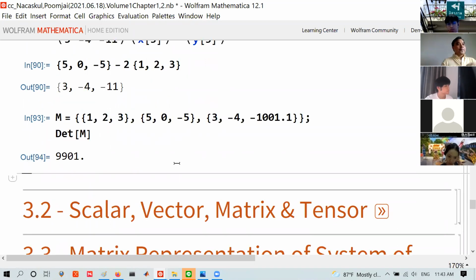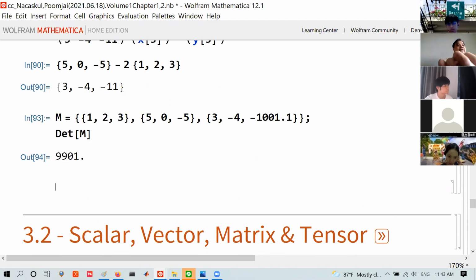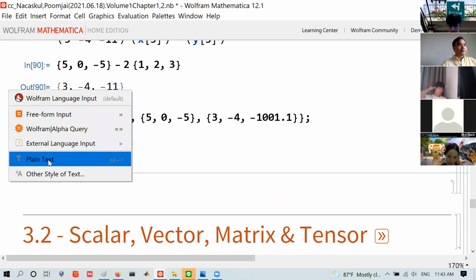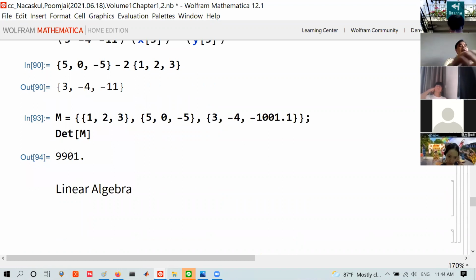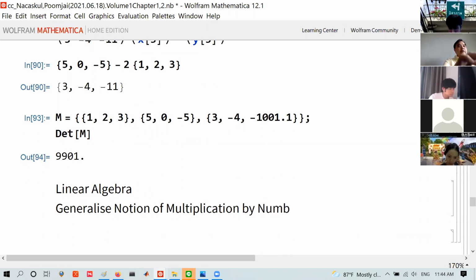Okay. So why do you have linear algebra or matrix theory? Let me go back again and say what we just did today. Linear algebra, you generalize the notion of multiplication by a number and adding to objects.